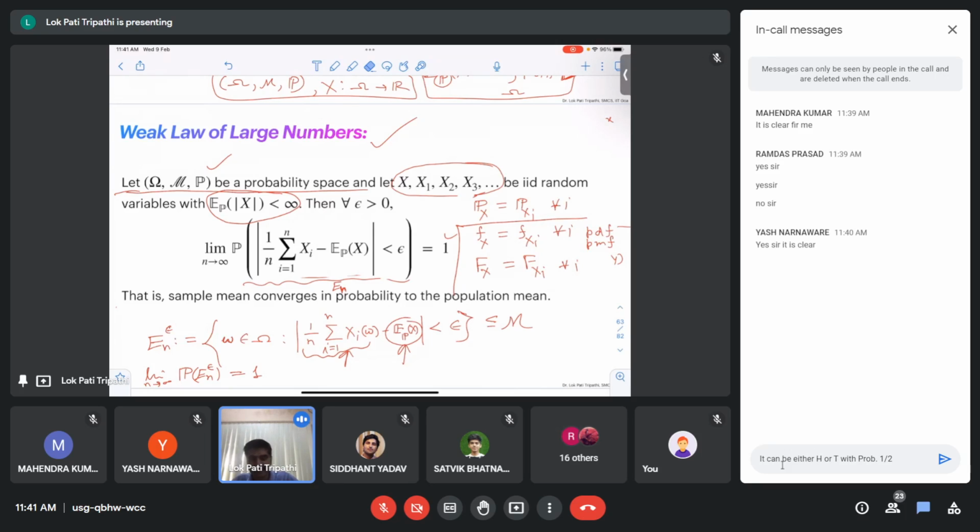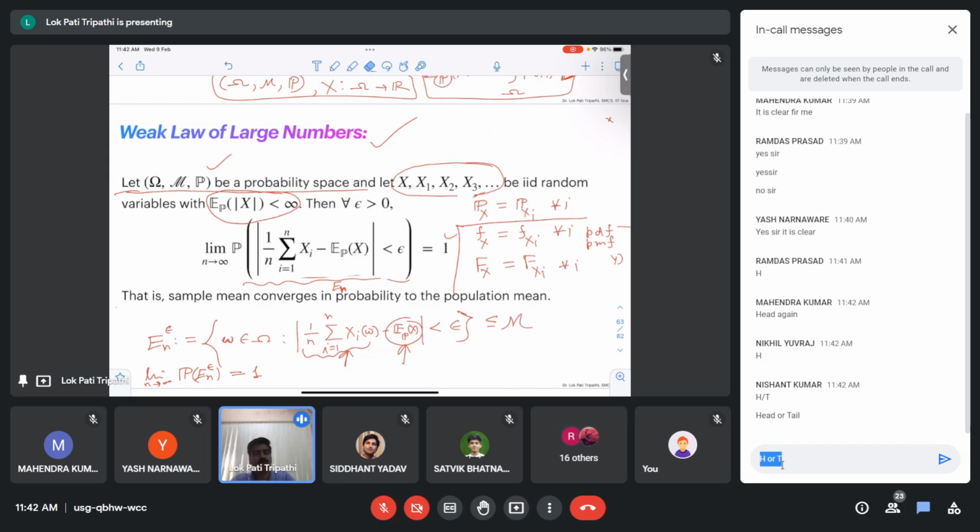What is your guess for the next toss? Mahendra says head again, and Nishant says head or tail. What do you mean by head or tail? It could be anything. I mean, what is more probable?